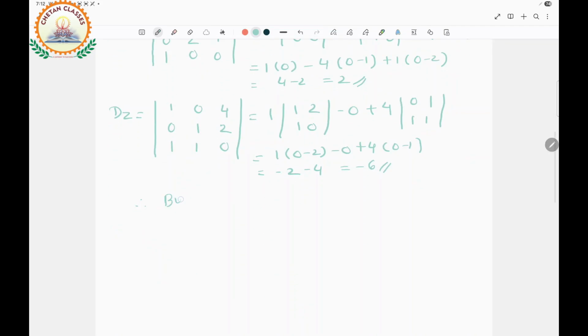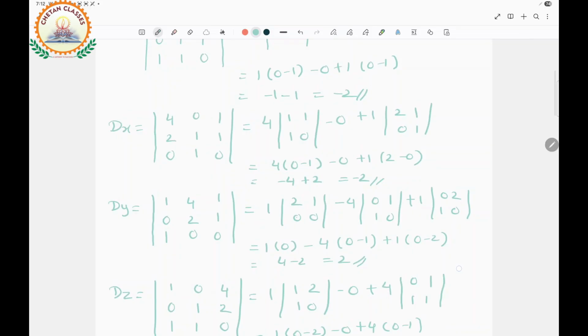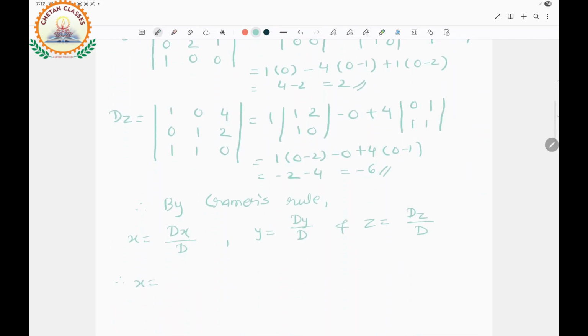Therefore, by Cramer's rule, we get x is equal to dx upon d, y is equal to dy upon d, and z is equal to dz upon d. Therefore, x is equal to dx is minus 2 and d is minus 2.